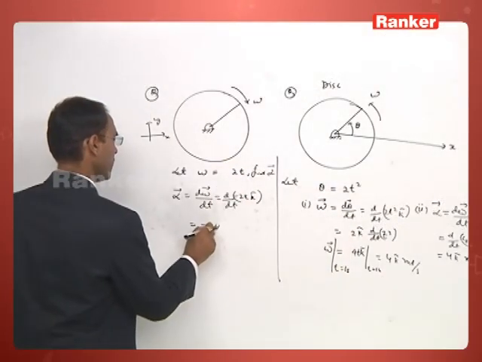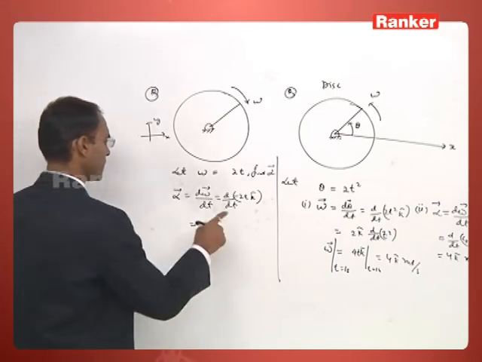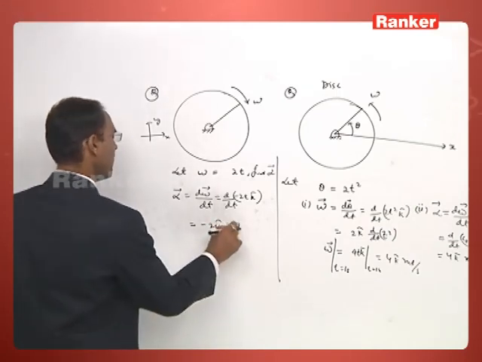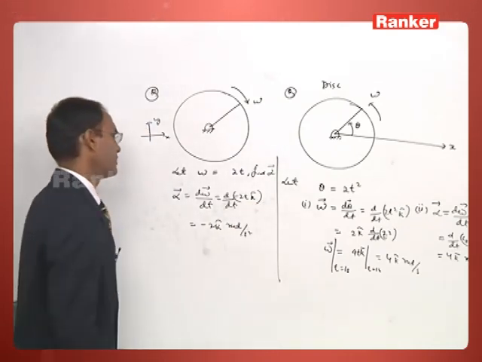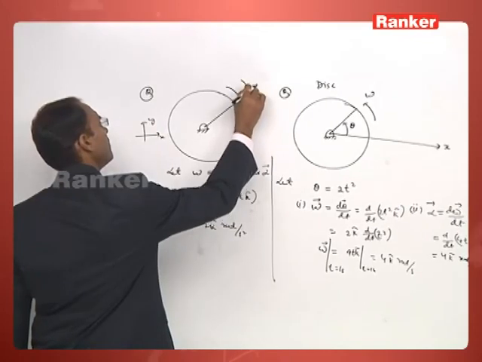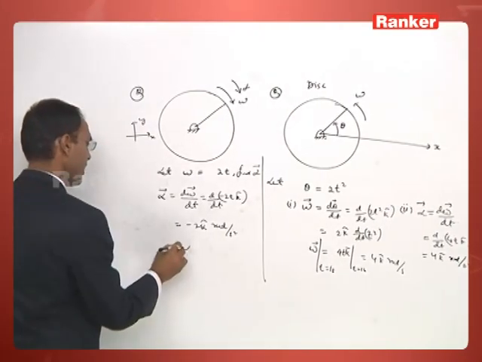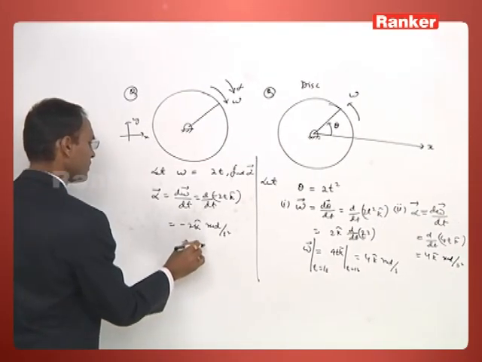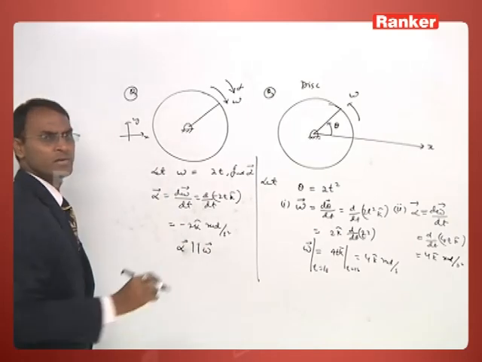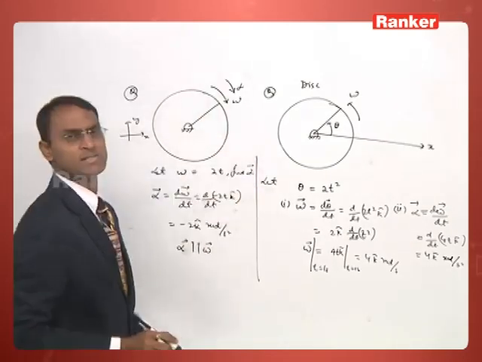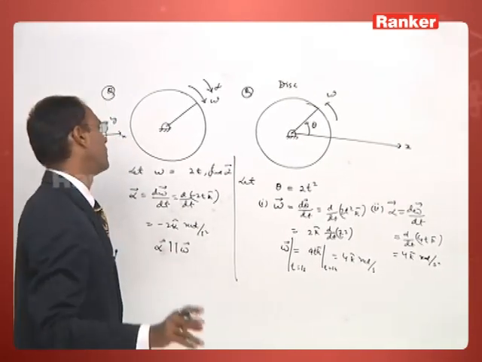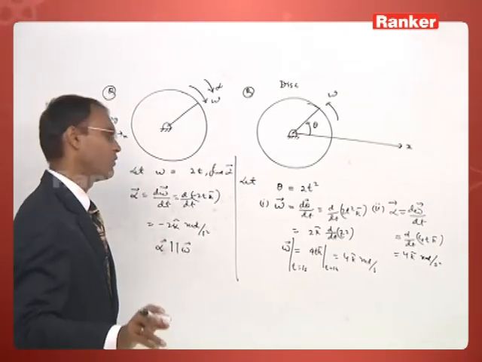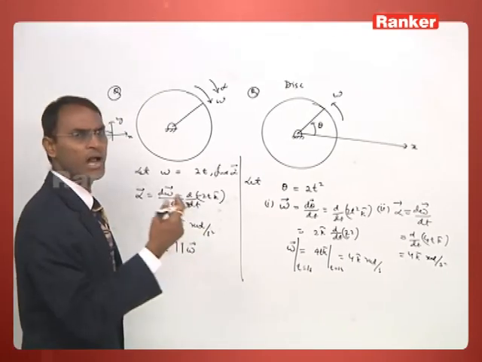Take minus 2 k cap out, you are getting a constant quantity radian per second square. So the alpha will be in same direction. Therefore, alpha is parallel to what? Omega. If omega increases, when omega is out, alpha will be out. When omega is in, alpha will be in.